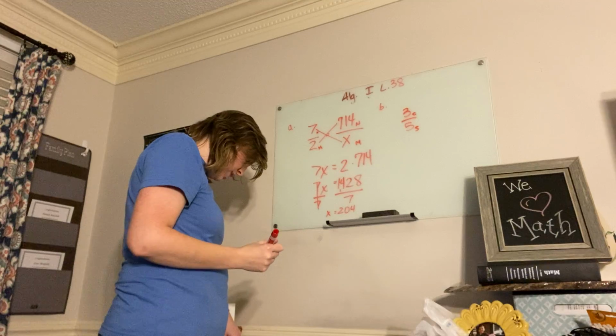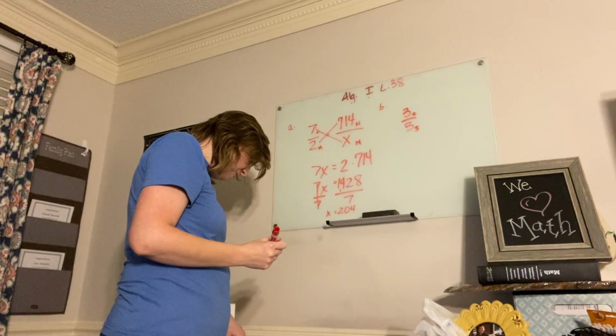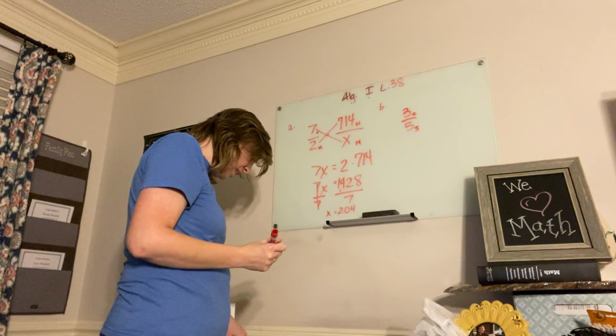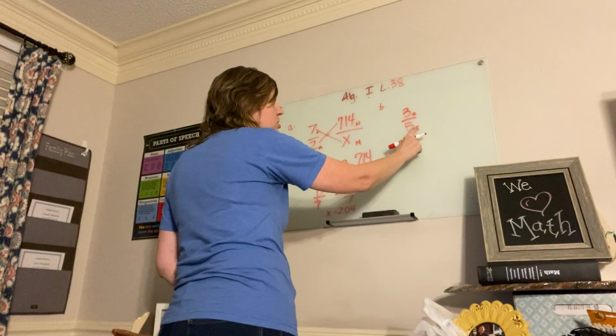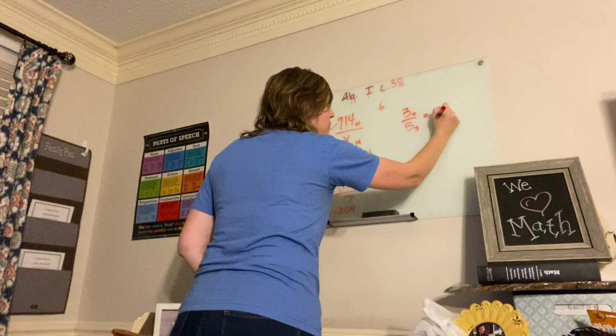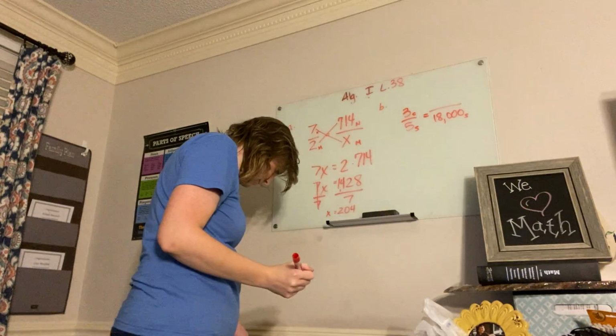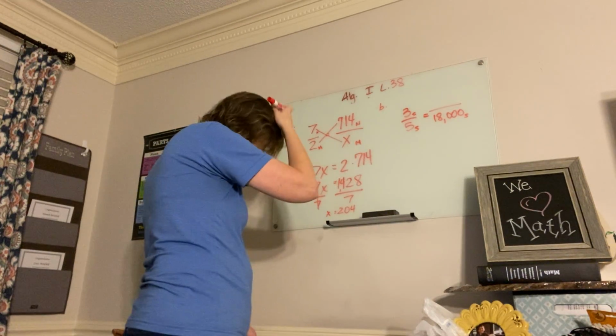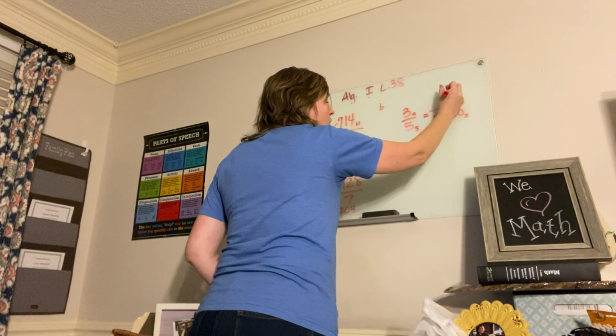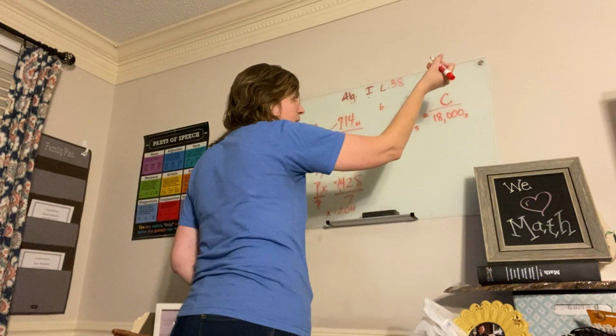If there were 18,000 Serbs, well, Serbs is here, so I'm going to have to put 18,000 here. How many Croats were there? So I don't know. I'm going to go ahead and put C for my variable.